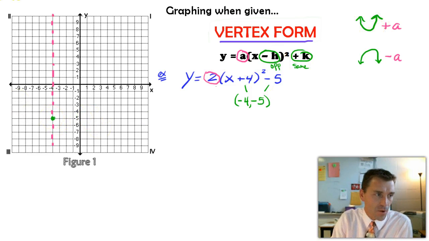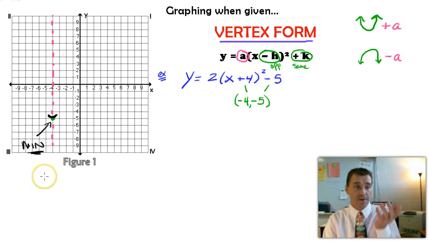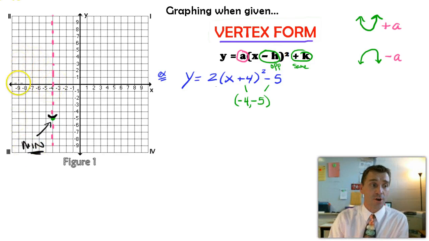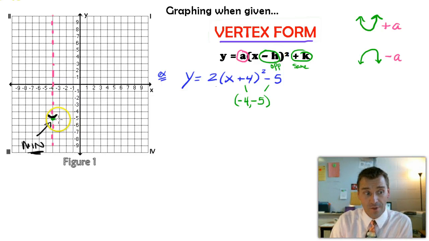So right over here, I'd actually draw a little smiley face, because you know that this parabola is going to be going up. It's going to keep going that way up there. It's going to come down here and go that way. But by the way, that means this point right there is the minimum value of this graph. That means this parabola is never going to go below that point, ever. So that's your minimum, and in this example, it's where the vertex is. Okay, it happens to be the minimum point.